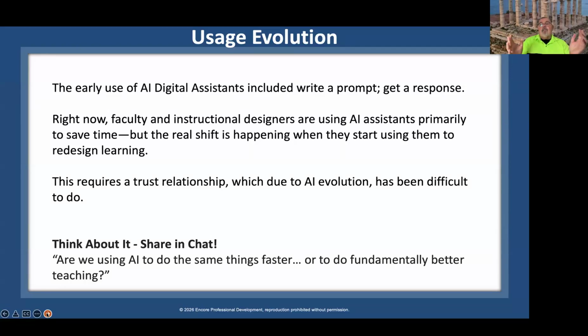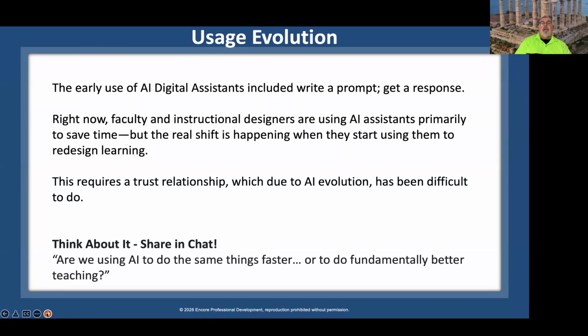Right now, faculty and instructional designers are using AI assistants to save time, but the real shift in what's happening is when they start using them to redesign learning. And we've got so many more capabilities, and the ability of that digital assistant to help you out by getting you additional information and really helping you think outside of the box as well. Just give great ideas in new ways.